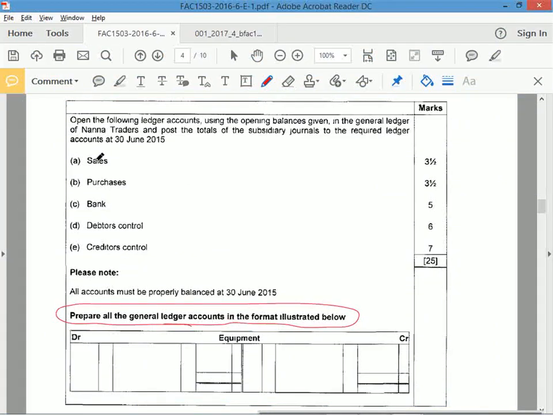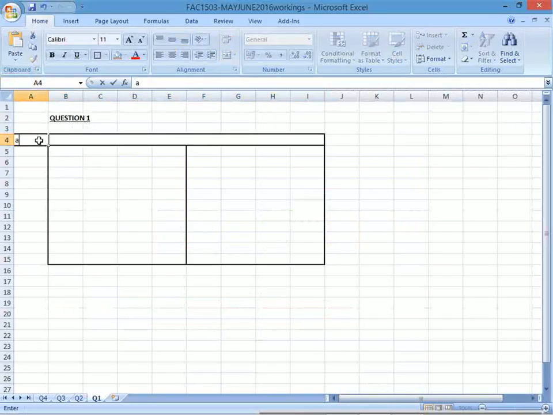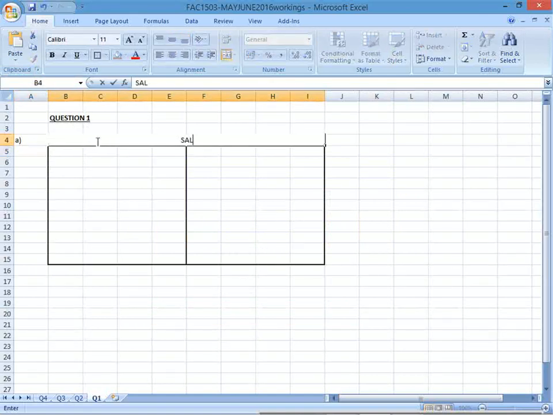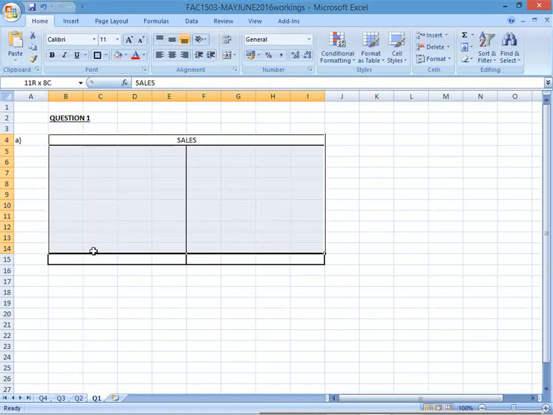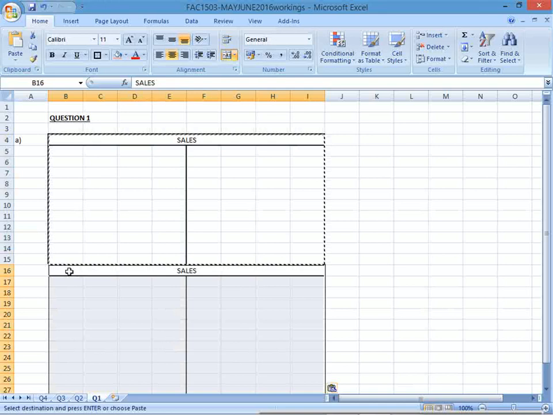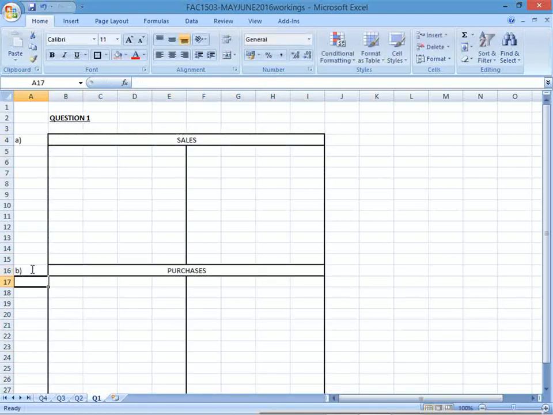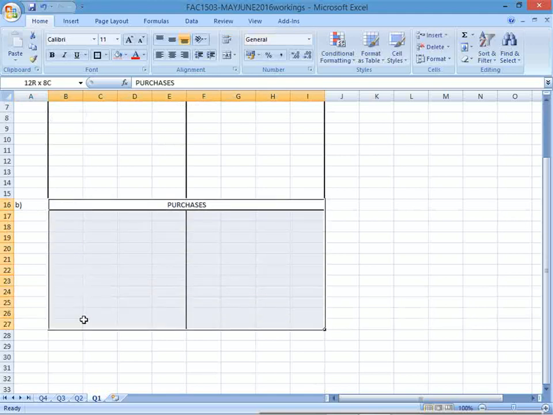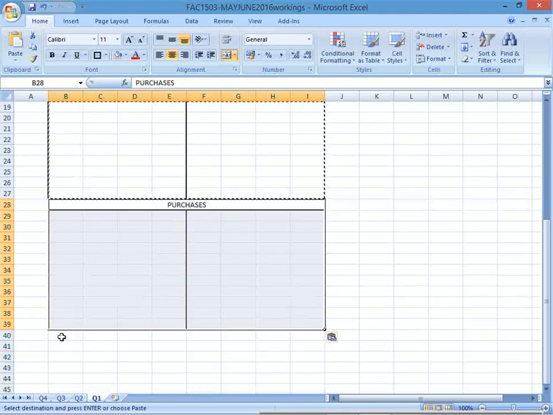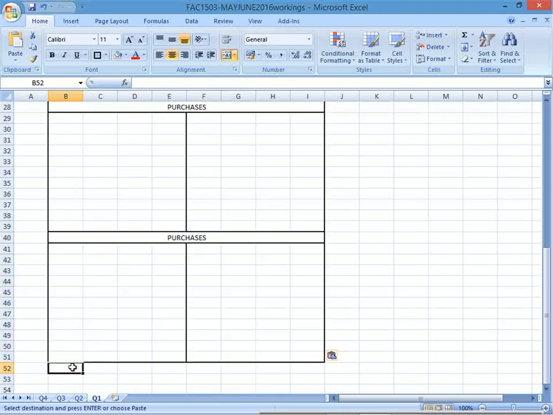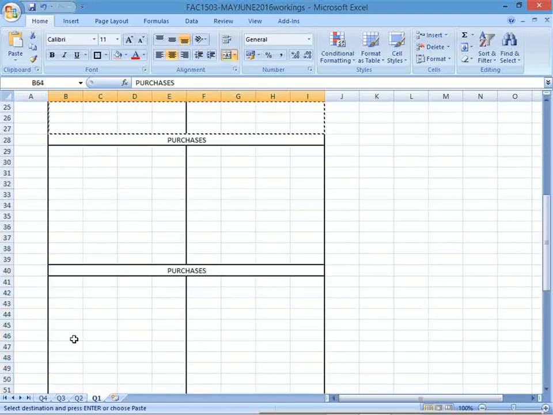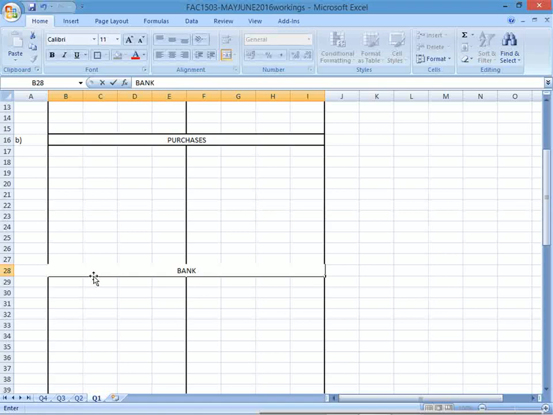What's the first one? Sales, purchases, bank. So we've got sales, we've got purchases, we need bank.